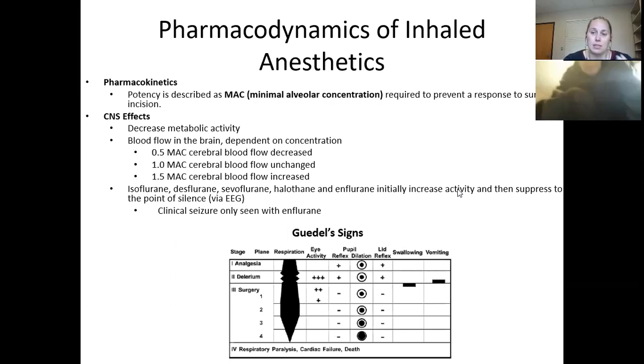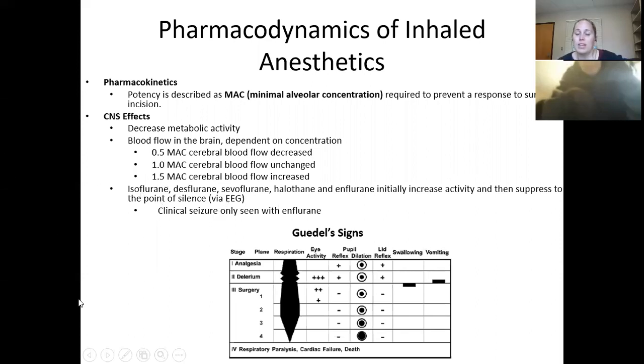In some cases, that's a direct measure of electrical activity, so if you see an electrical burst, it's going to be recorded here. Again, you see an initial rise in that electrical activity, and then it decreases over time into almost a point of silence. It's interesting to note that there are instances of clinical seizures seen with enflurane.